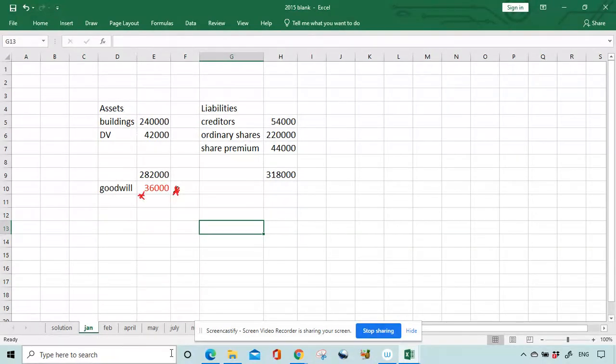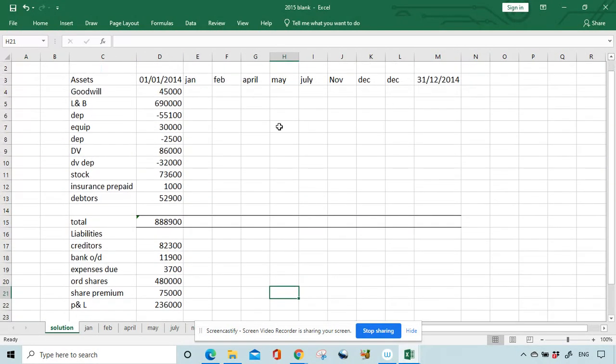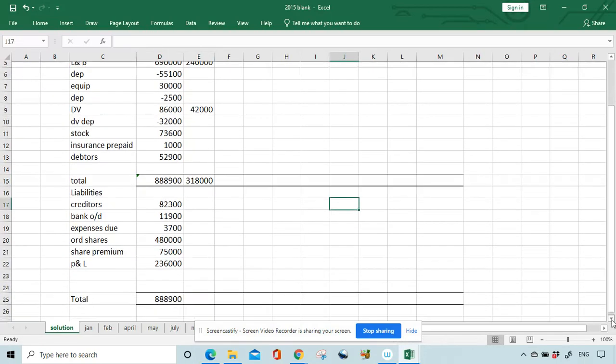So if we go back to the solution, we'll fill these in. First of all, our goodwill, 36,000. Land and buildings, 240,000. Delivery vans, 42,000. That's it for the assets. If you add those up, you get 318,000.